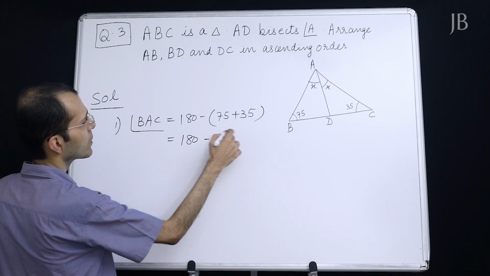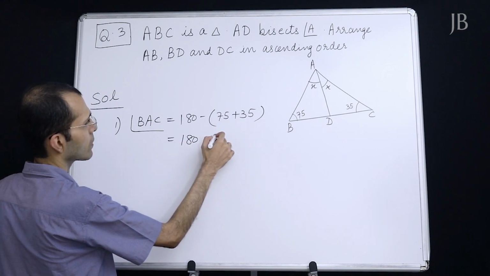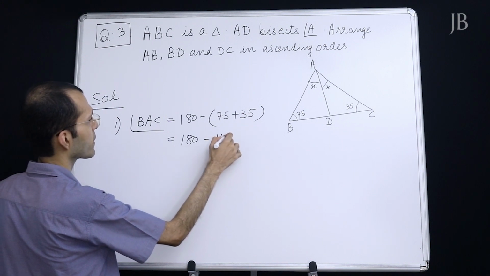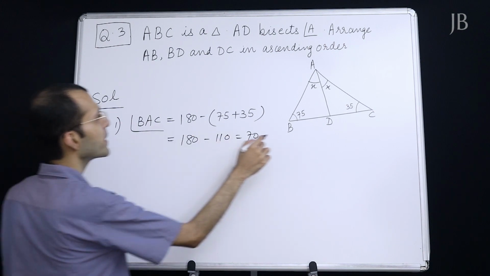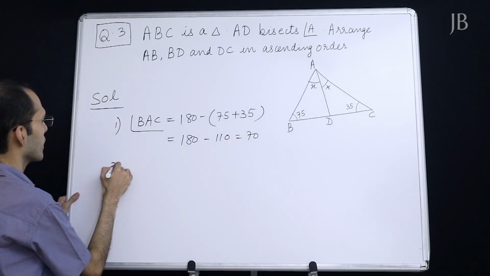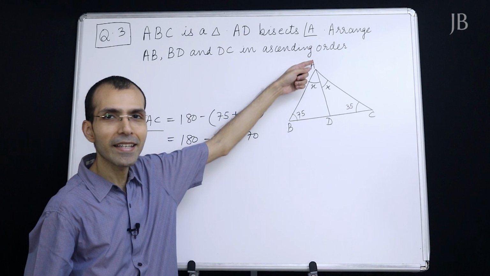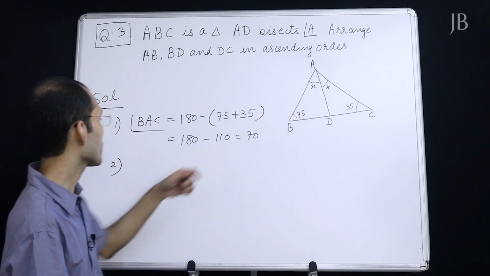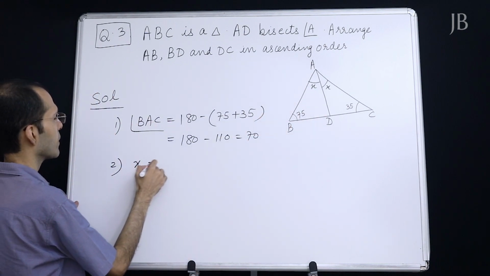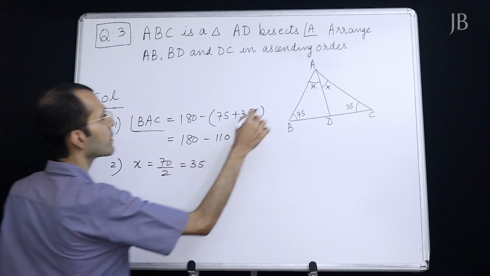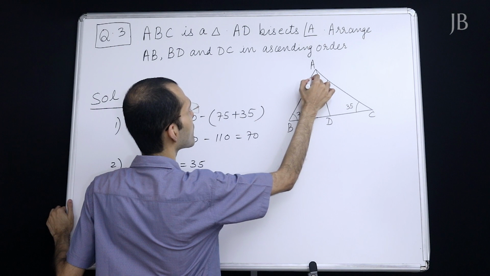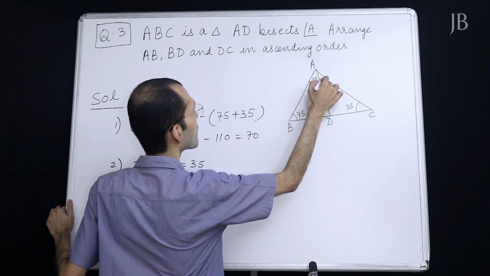And this comes to how much? 110. That comes to 70. So angle BAC will be 70, but it is mentioned that AD is the angle bisector. So X will be how much? 70 upon 2, that is 35. So we write it here, 35.